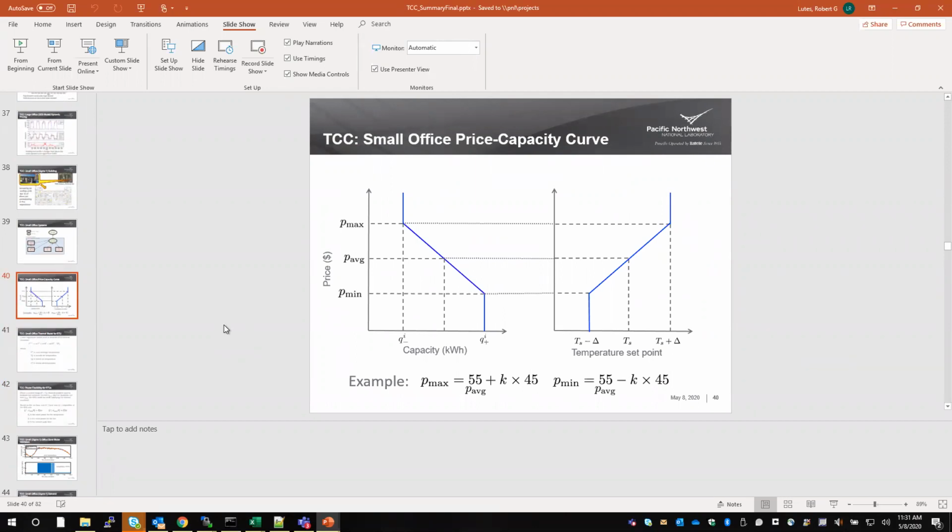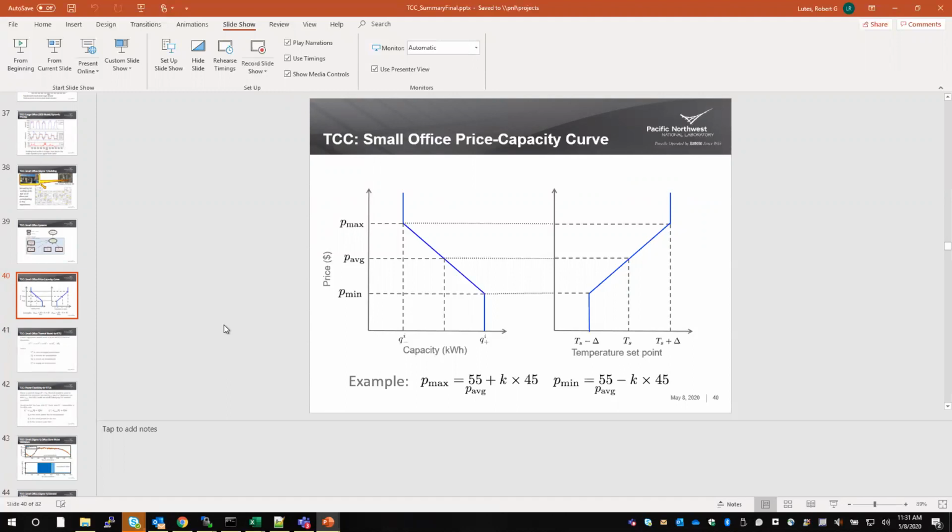So there are a couple of ways we could do that. One way is by changing the temperatures, as Robert explained. But there's also this factor K, which is basically a sensitivity parameter that actually stretches the flexibility.